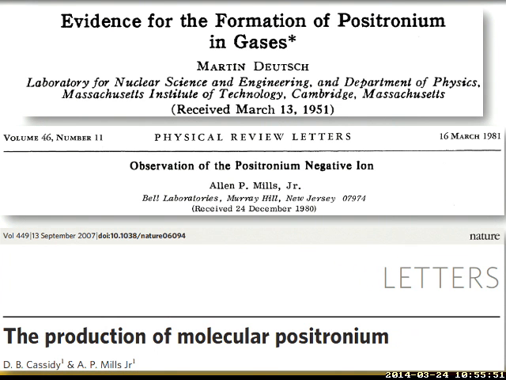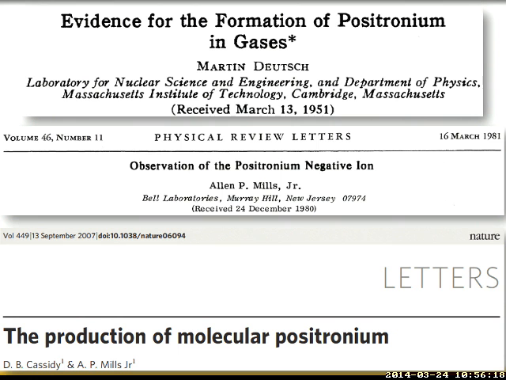Positronium itself was first seen in 1951, and then about 30 years later, they observed the positronium negative ion, and almost again 30 years later, finally observed the positronium molecule, which is the analog of the H2 molecule, but for equal masses. Hopefully we don't have to wait another 30 years for the next experimental work.